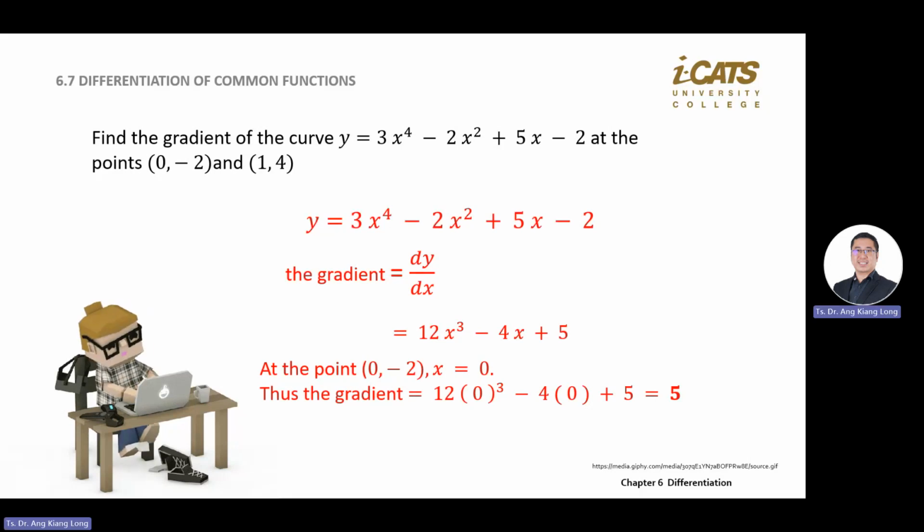Substitute the 0 inside this equation, then you get 5. The answer for gradient at point (0, minus 2) is 5. This question does not have a unit, but in the long question in your final exam later, remember to put in the unit.